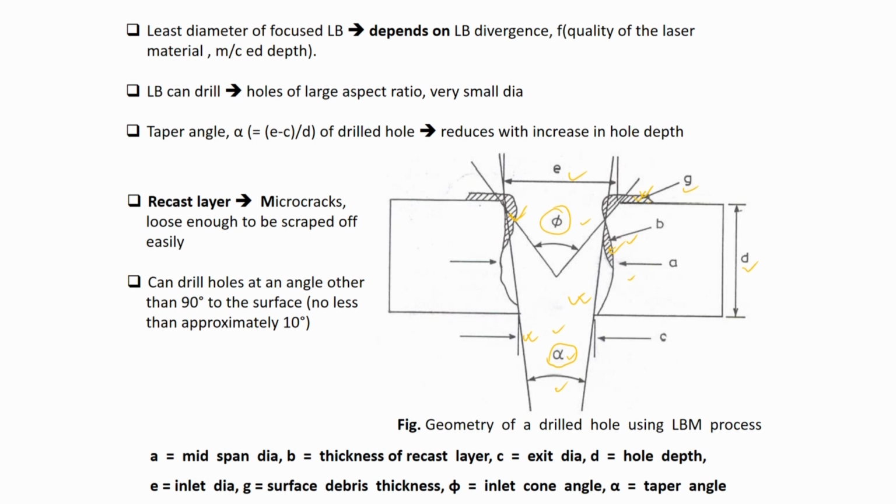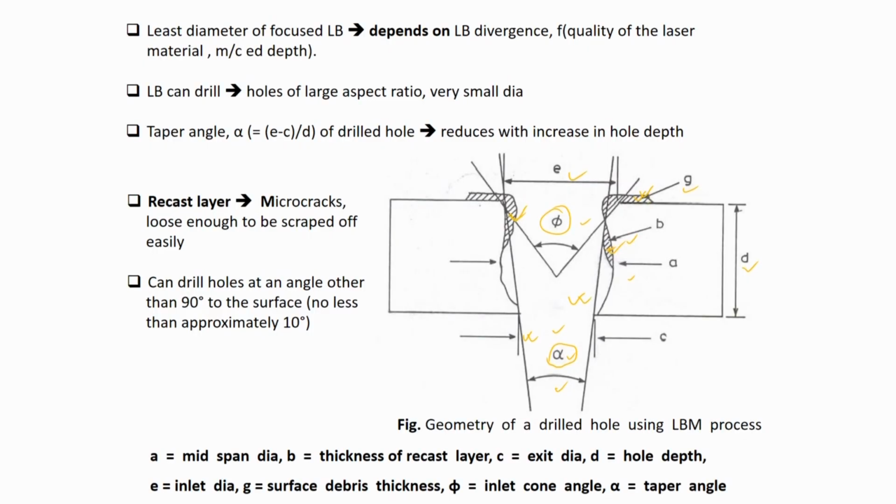This recast layer has micro cracks and is loose enough to be scraped off very easily. In laser beam machining, you can do holes other than 90 degrees on the workpiece surface, no less than approximately 10 degrees.